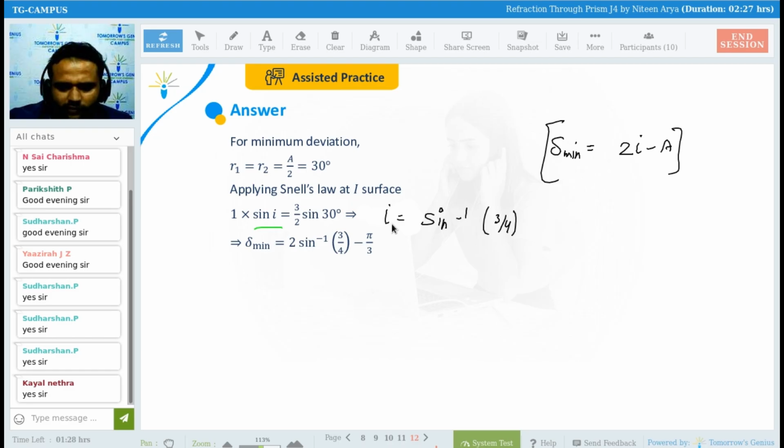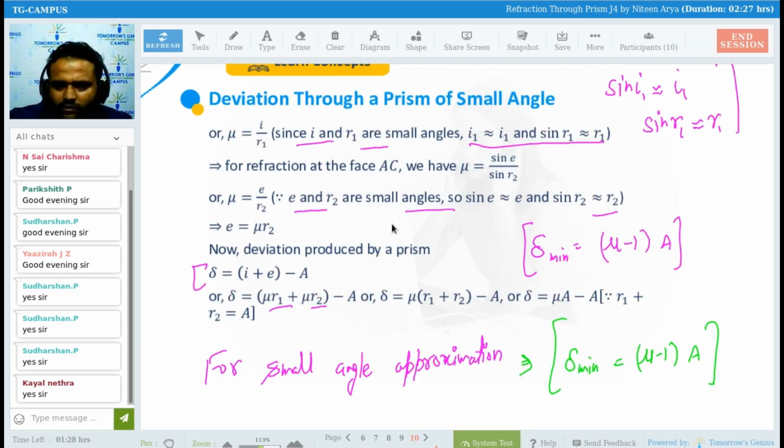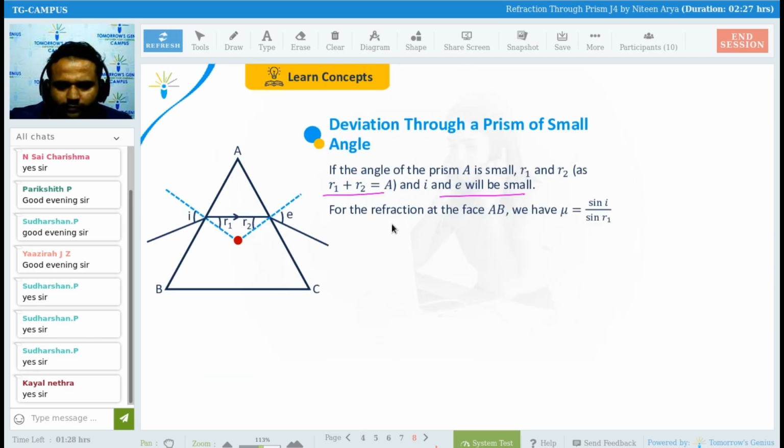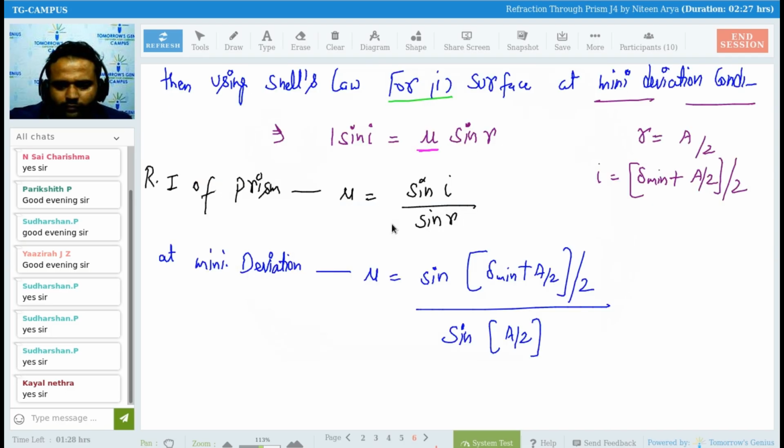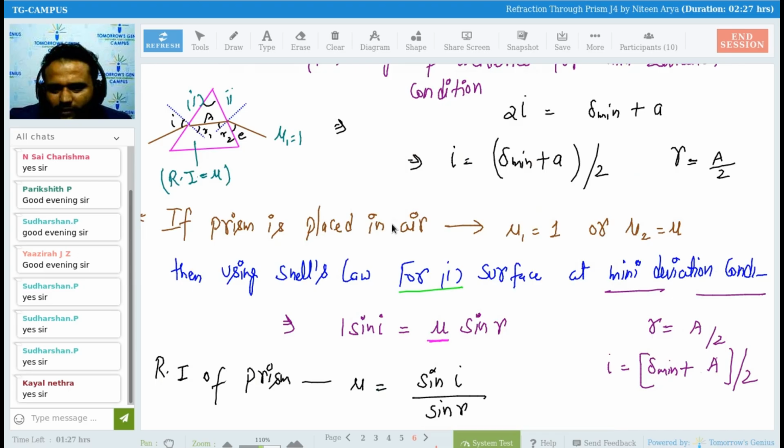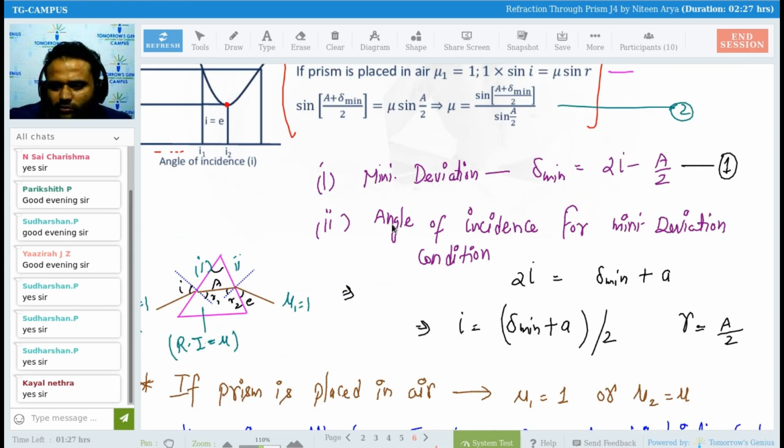Wait, I made a little mistake somewhere there. R equals A by 2. So here it is going to be A, not A by 2. What are you guys doing? Not looking at what I am writing. Here it is going to be A, and somewhere I also wrote a small a.